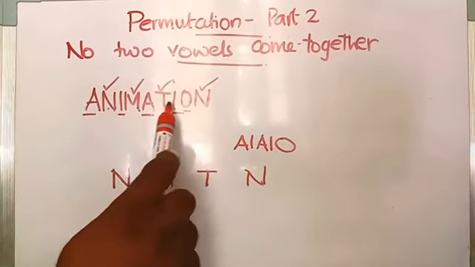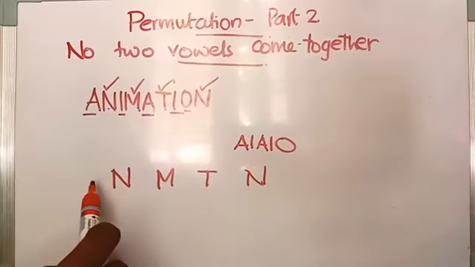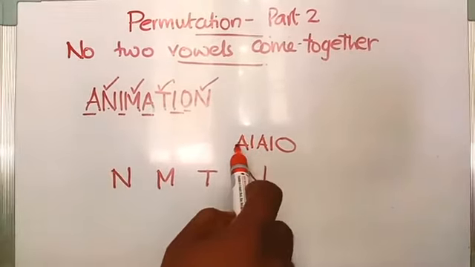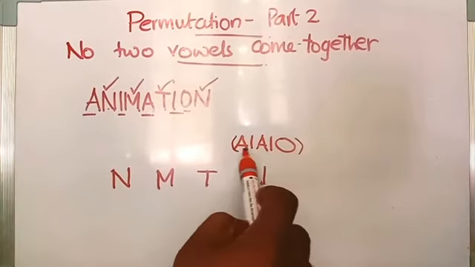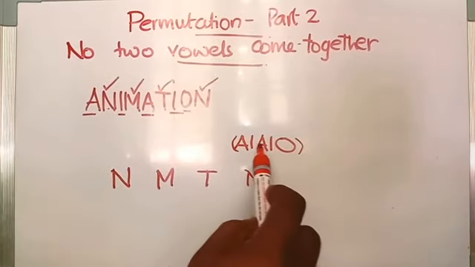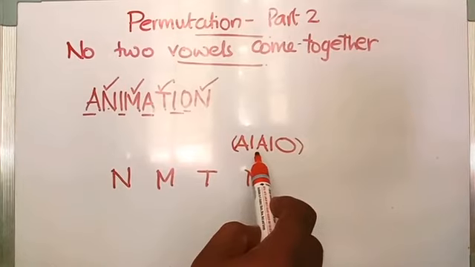N, M, T, N. Now the vowels. It's not a group now, I have just written it here. A group is only for when they come together.